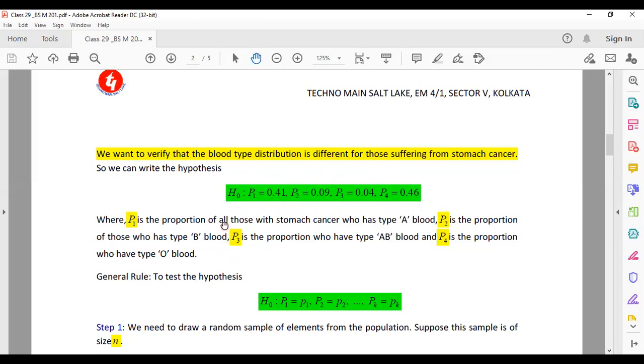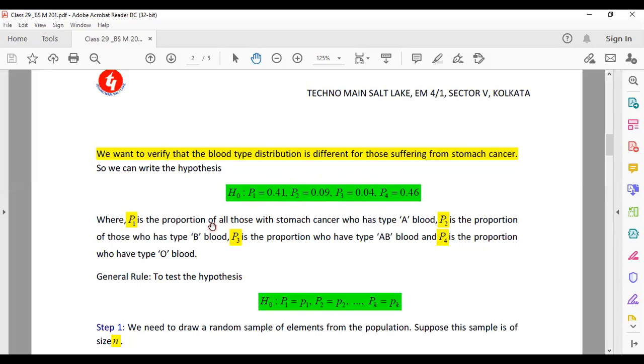What does this mean? This means when you are considering a patient of stomach cancer in the population, he is a part of the population. I am considering that in this population, only these blood groups are present, in these percentages.